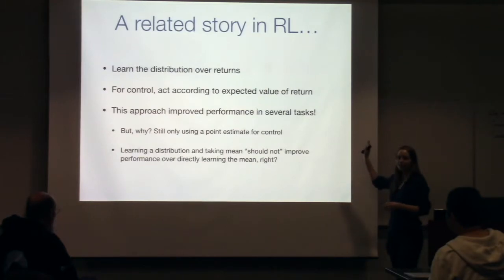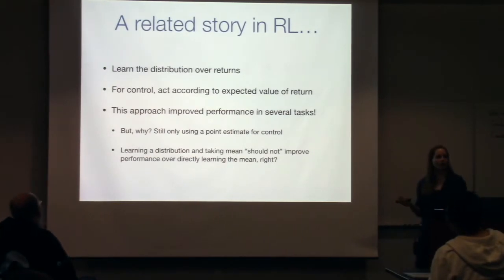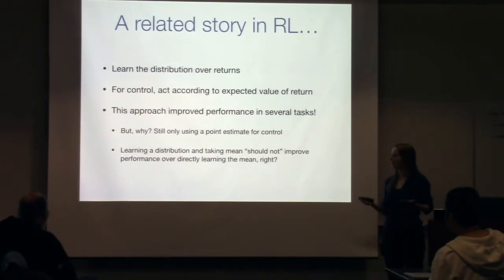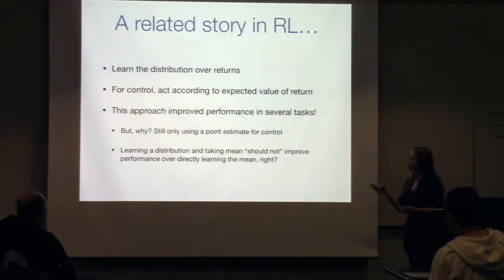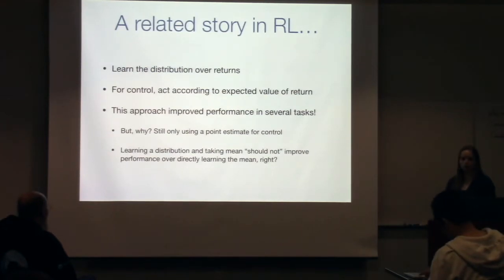Surprisingly, this approach improved performance in lots of tasks. A natural question that arose is, why would that help? Why would it help to learn a distribution and take its mean, which is a lot more effort, rather than directly learning the mean? I put "should not improve" because it doesn't seem like it should have any improvements. But it does.